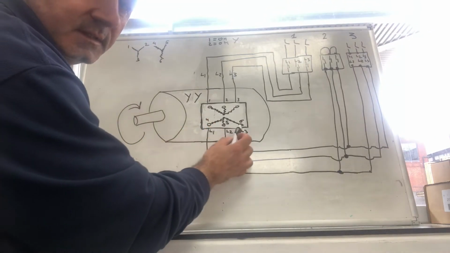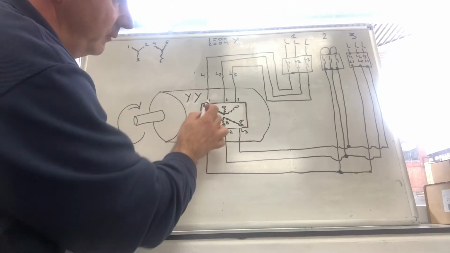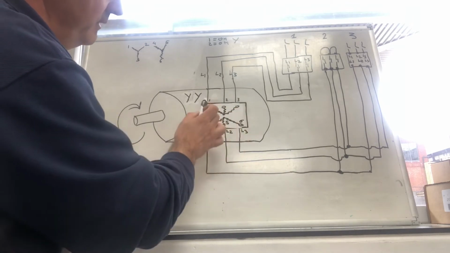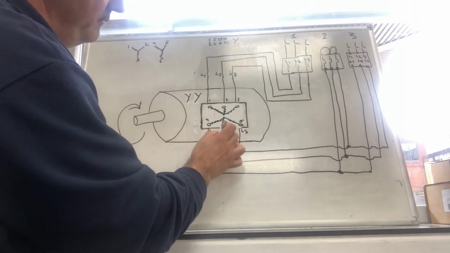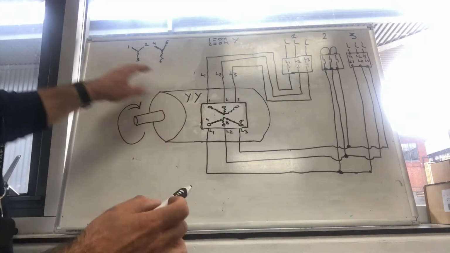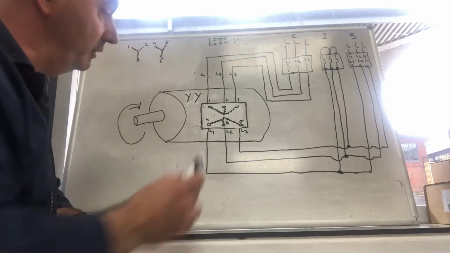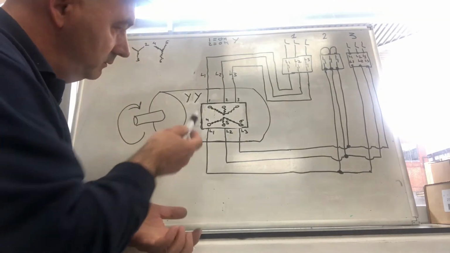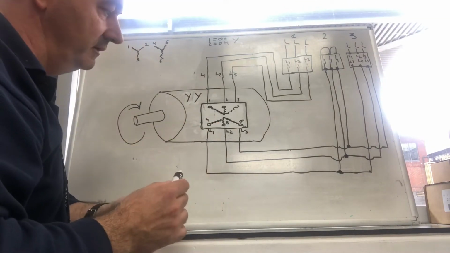If you have a resistance and then you check the other one, if you have a resistance but there's nothing between 1 and 4, 2 and 5 or 3 and 6, and you have resistance between 1 and 2, 2 and 3 and 3 and 1, 4 and 5, 5 and 6 and 6 and 4, it means they are part Y. They are part Y because you have two resistances not touching each other.